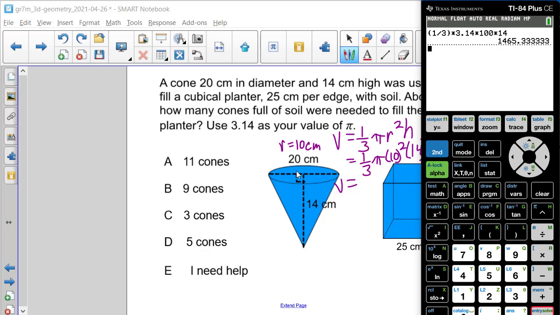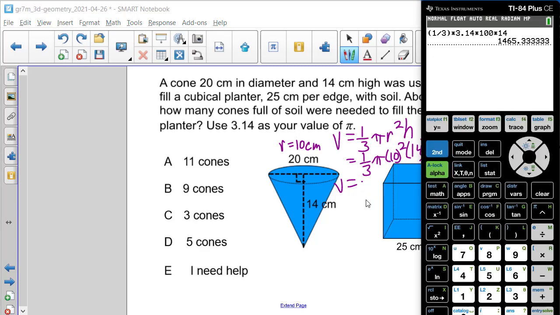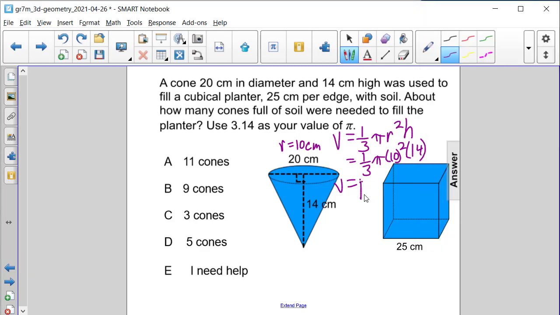So the volume of our cone is 1,465 and 1/3 basically, cubic centimeters.